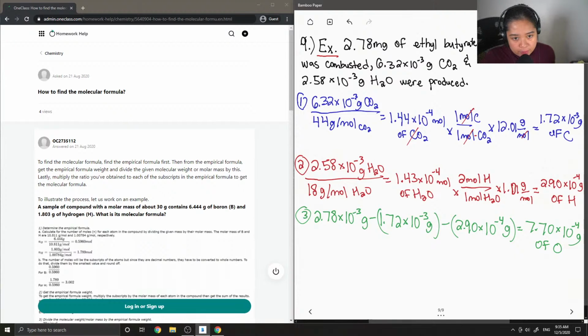Okay, so now we know all of our masses of each carbon, hydrogen, and oxygen. So now we're just going to convert to moles. So for carbon, 1.72 times 10 to the negative 3 grams.